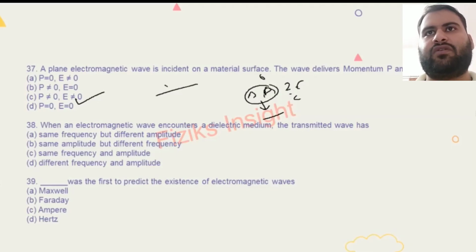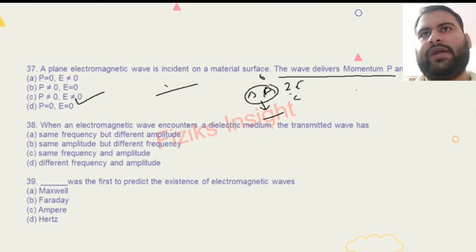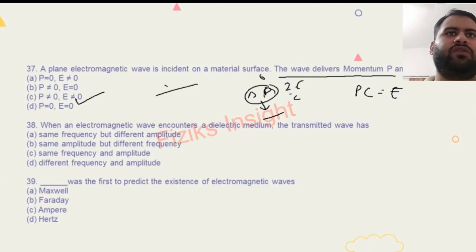So if delta P is not 0, there means the delivery of momentum is not 0, and automatically momentum is associated with energy with the formula E is equals to PC. So that's why the energy is also not 0. So C option is correct, both P and E are not 0. Now next, the 38th question.